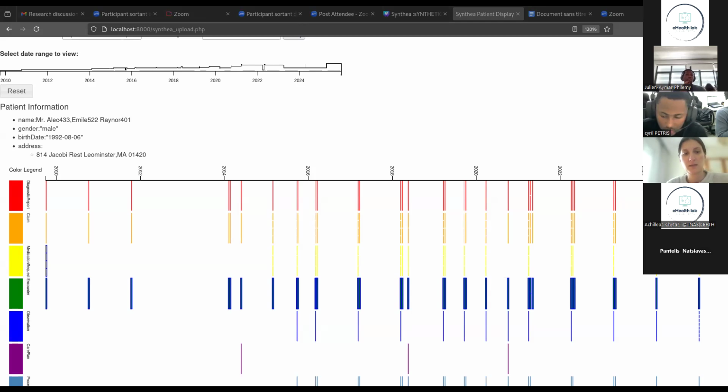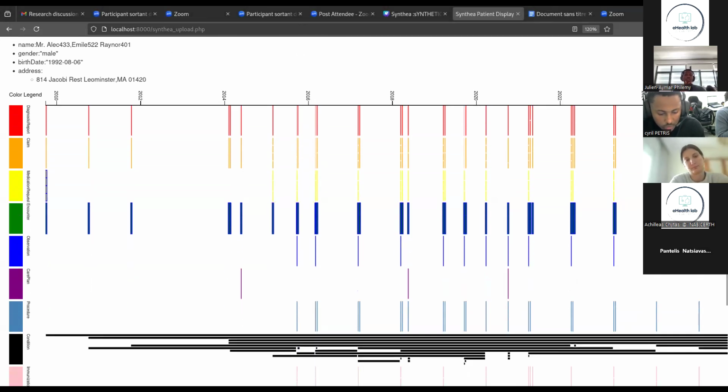That's not the right patient, but that's another patient I created before. We have different information in this JSON, different diagnostics. I don't know why, but that should show you the exact information in the red line. But I don't know if you see my mouse.